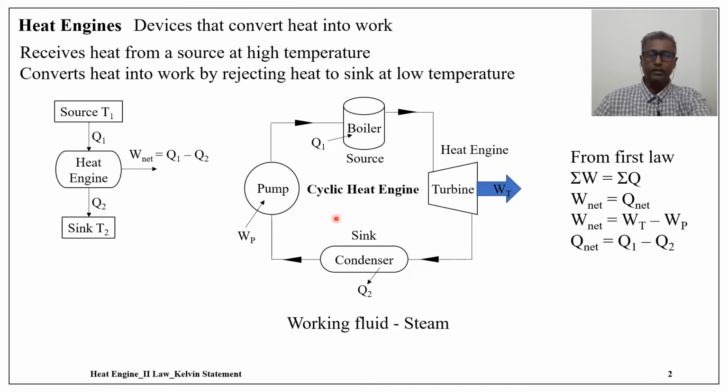W_P is the work consumed by the pump, therefore it is negative. And Q net is equal to Q1 minus Q2. Q1 is the heat added to the system, that is the working fluid steam at the boiler, therefore it is positive. And Q2 is the heat rejected by the system, that is the working fluid steam at the condenser, therefore it has a negative sign.